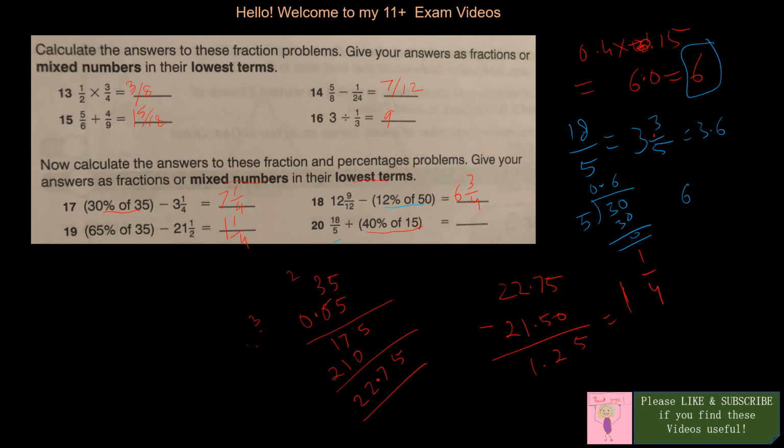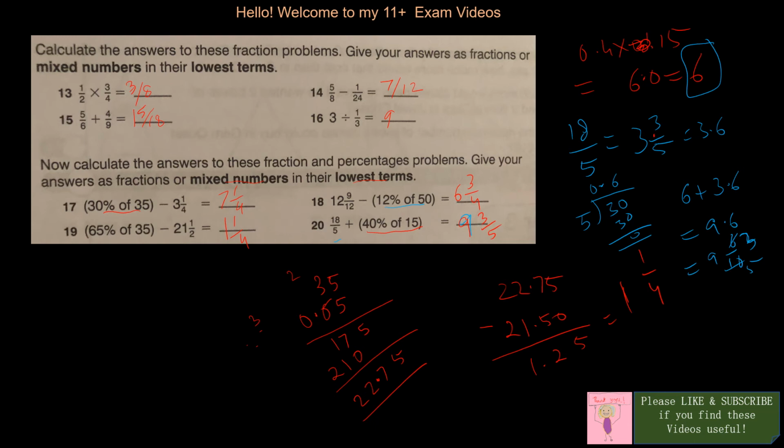So we are adding 6 plus 3.6, that is 9.6, is 9, 6 out of 10. 2 times 3 is 6, so 9, 3 out of 5. So my answer is 9, 3 out of 5.